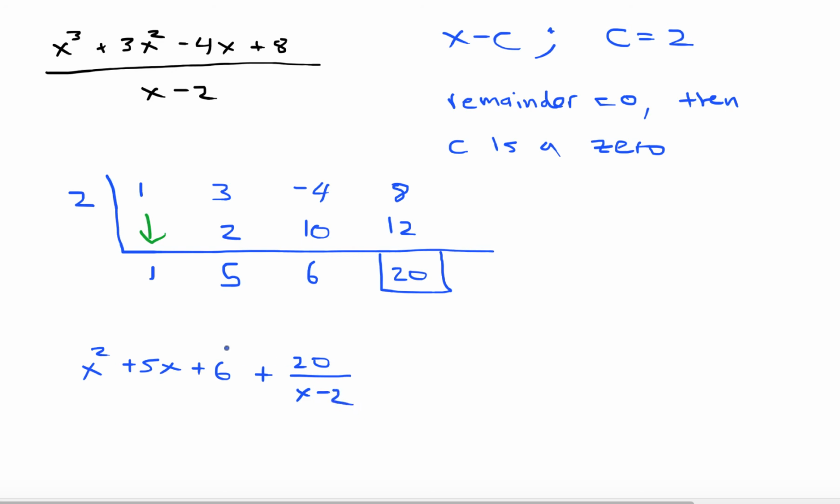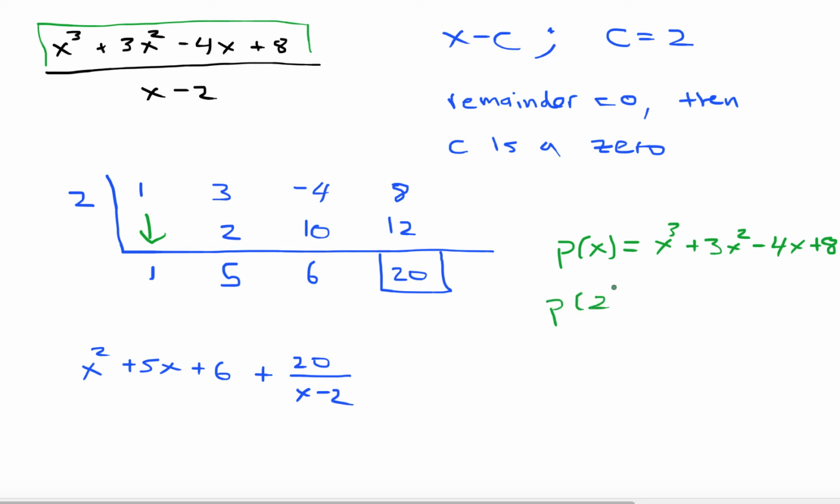Now, one good thing about what the remainder tells us is this. If the original polynomial, let's call it p, is x cubed plus 3x squared minus 4x plus 8, it turns out that p of 2, if you plug the 2 in here, the answer should be the remainder.